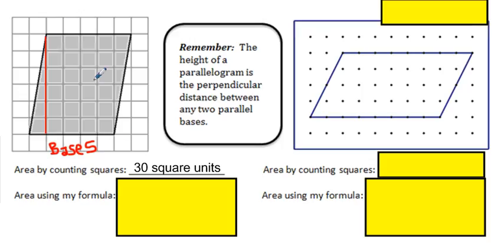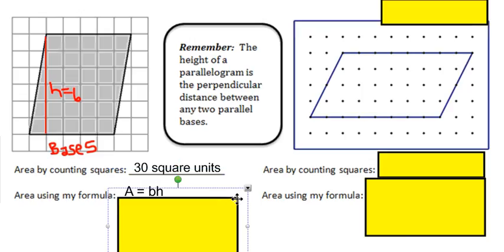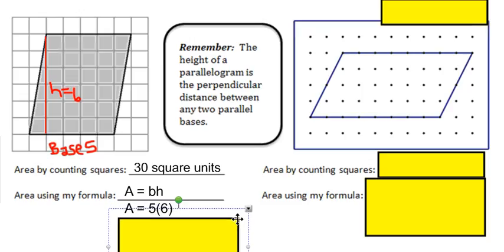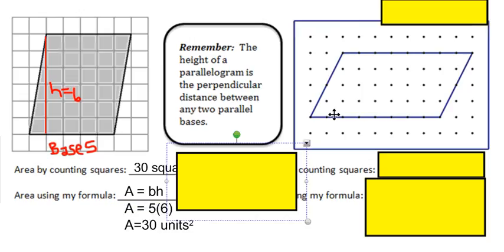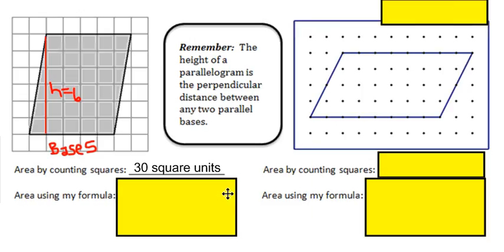So this is one base, and this is the other base up here. And so it's the perpendicular distance. So the height here is going to be 1, 2, 3, 4, 5, 6. So my height is going to be 6. So using the formula, area equals base times height, area equals 5 times 6, and area equals 30 units squared. Wonderful.